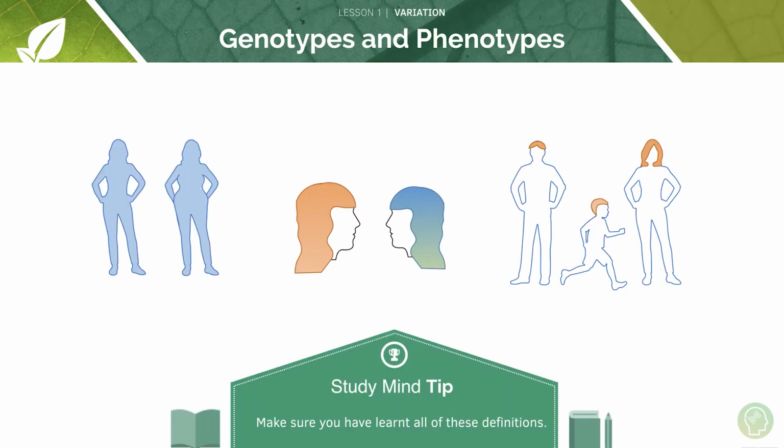So make sure you learn all of these definitions, so genotype, phenotype, and variation, because they will be really simple one-mark answers that you can get easy marks for in an exam. And we've come across genotype and phenotype before, so this should be really ingrained in your head. But just to reiterate, the genotype is almost like the raw code that's encoded by the genetics, whereas the phenotype is the presentation of the genetics in combination with the environment.